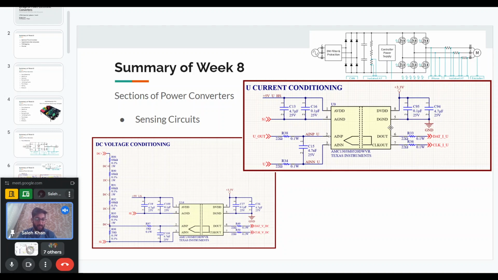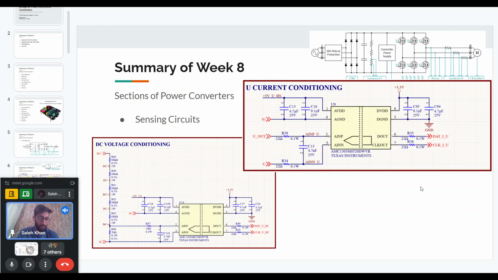Then we have some sensing circuits. In this case, we have voltage sensing, the DC voltage sensing. We also have the option to sense the phase output voltages. Then we have current sensing using shunt resistors. This one also has an encoder for speed sensing.